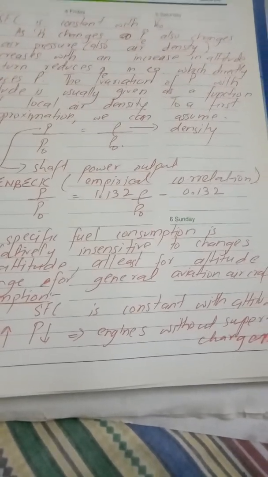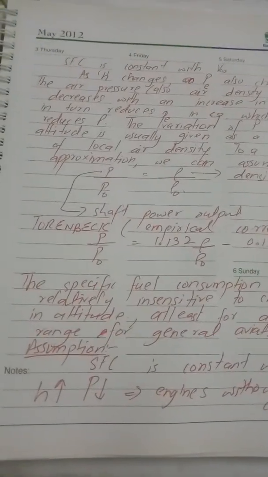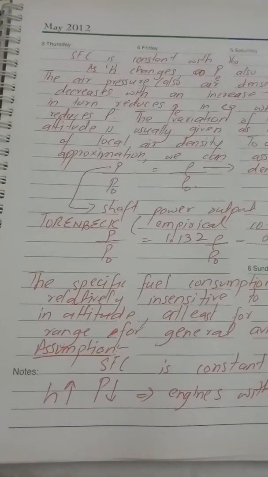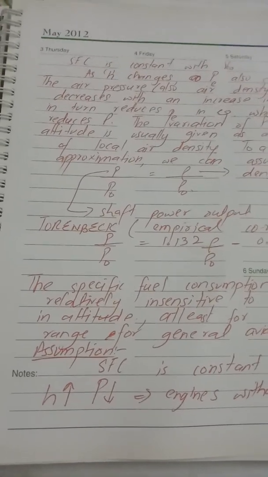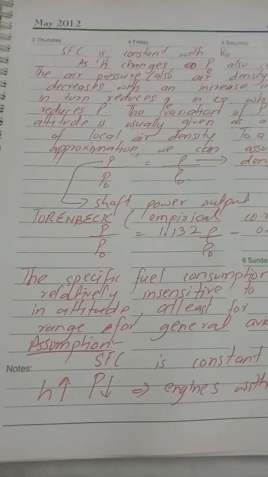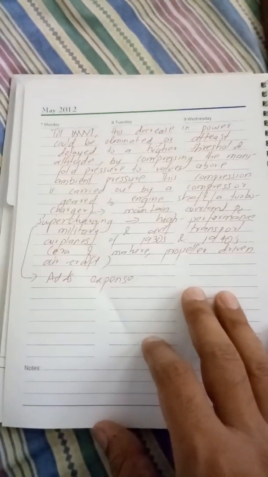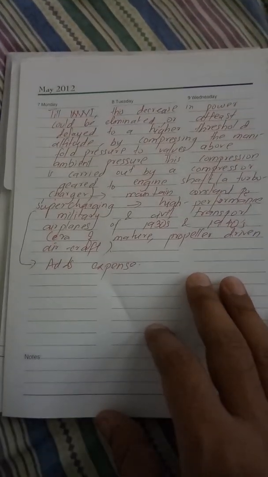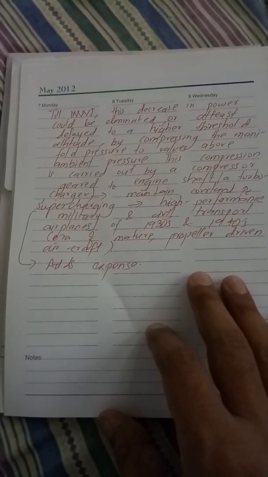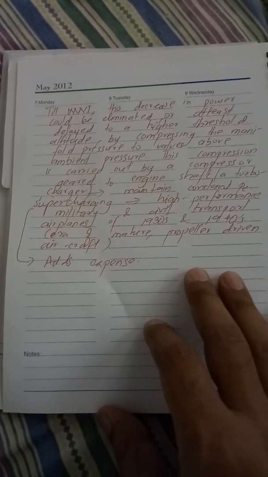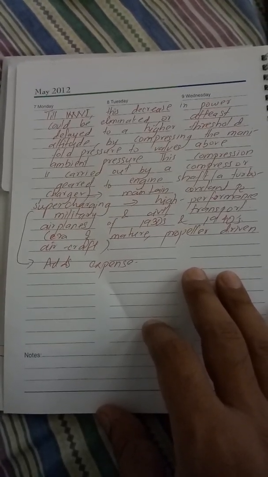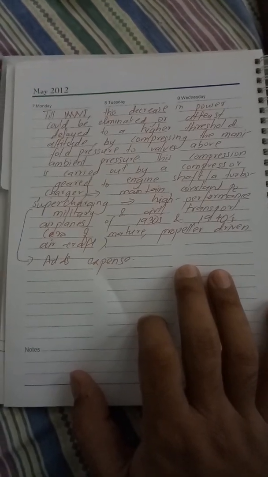Supercharging is a concept applied in World War I, but because of its cost it was not that cost effective, so it was not really continued in the later years. In World War I, this decrease in power could be eliminated or at least delayed to a higher threshold altitude by compressing the manifold pressure to values above ambient pressure.